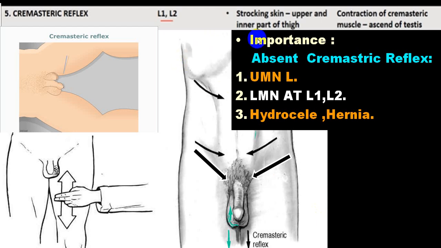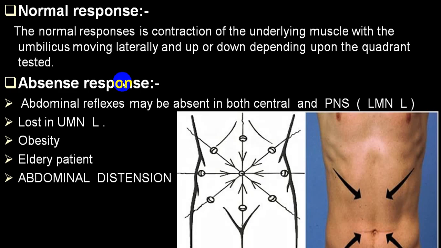So absent reflexes in abdomen, remember, indicate damage at the level of spinal cord and in case of upper motor neuron, because one of the pathways of sensory to brain is via ascending tracts and descending fibers are via pyramidal tracts.